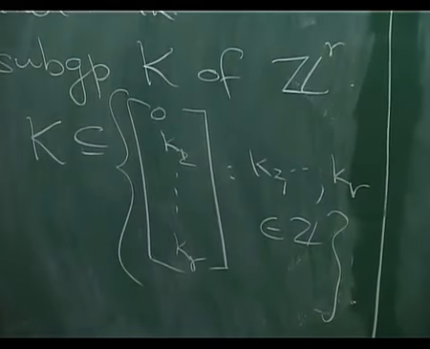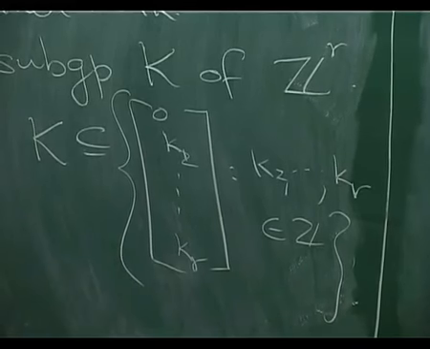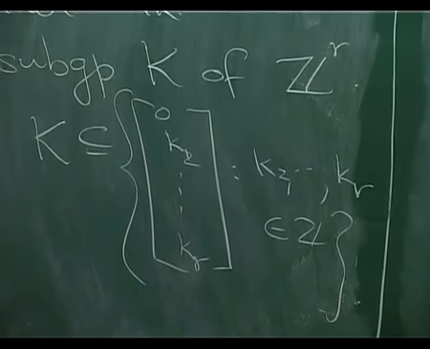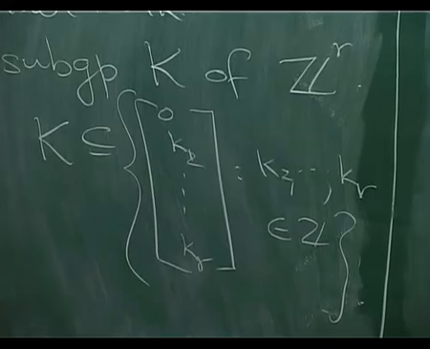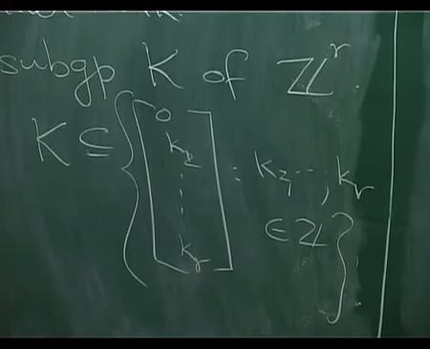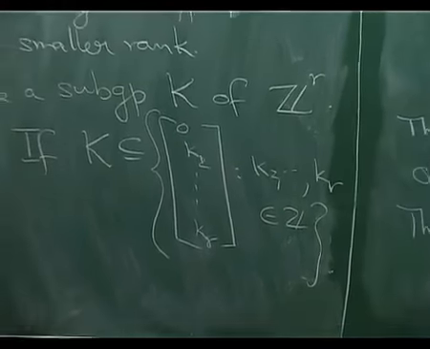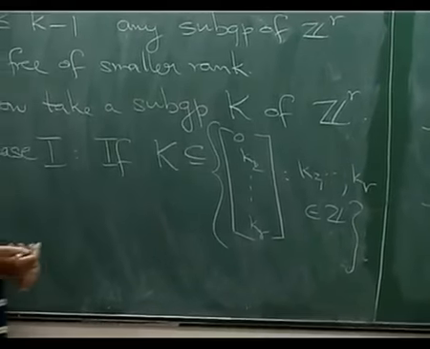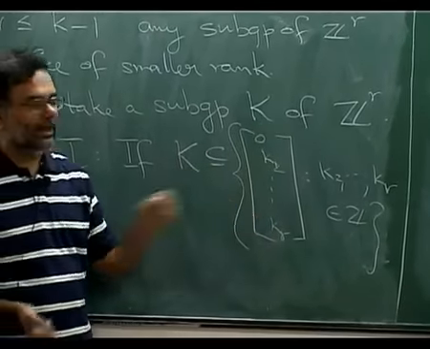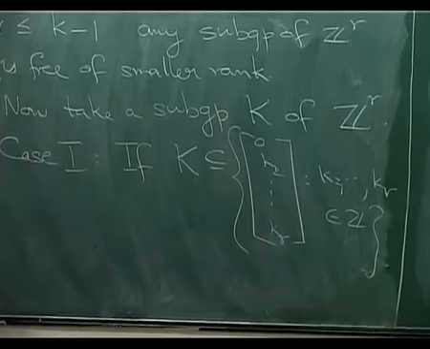Let us consider the following subgroup of Z^R, all elements whose first coordinate is 0, right? That you agree is a subgroup of Z^R, right? The inverse of something whose first coordinate is 0 also has first coordinate 0. The sum of something whose first coordinate is 0 is also 0. So this is a subgroup of Z^R, and what is this subgroup isomorphic to?